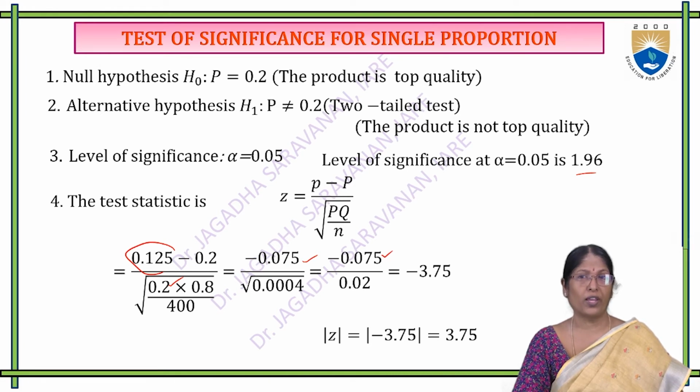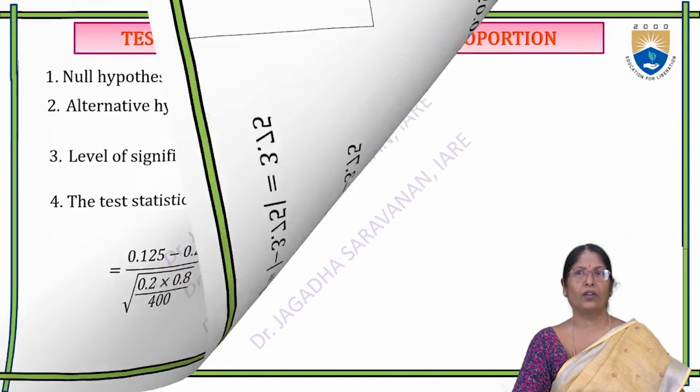So if the calculated value crosses 3, we can reject it.